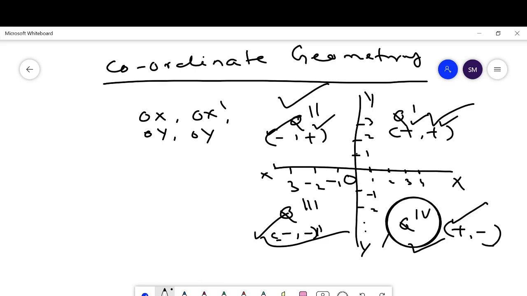And you know that suppose there is a point P with coordinate 2, 3, meaning the x coordinate is 2 and y coordinate is 3.